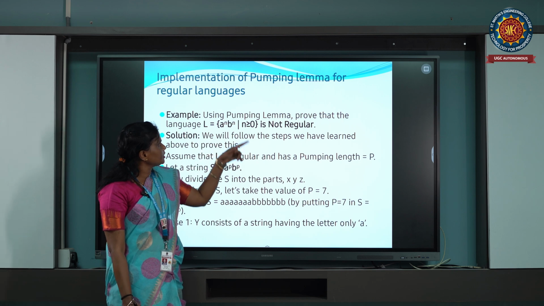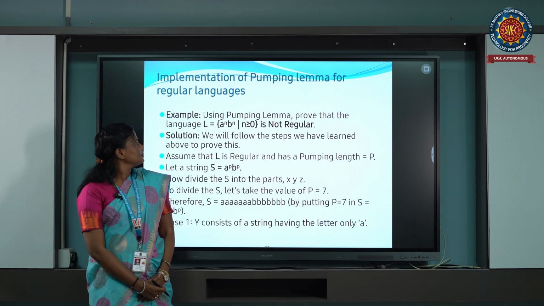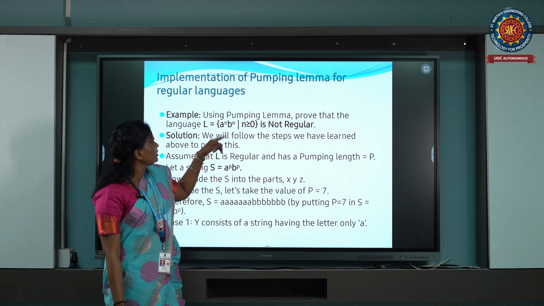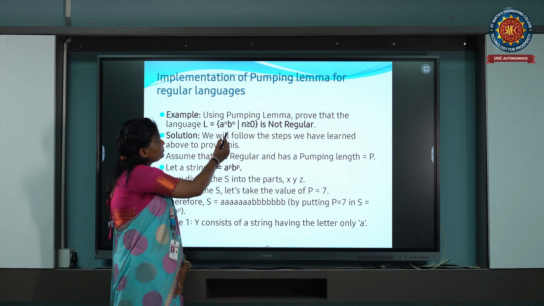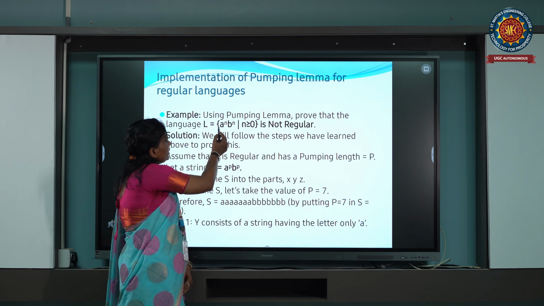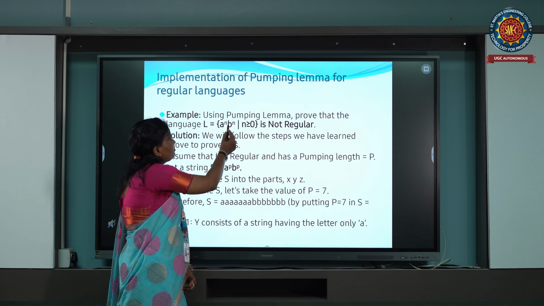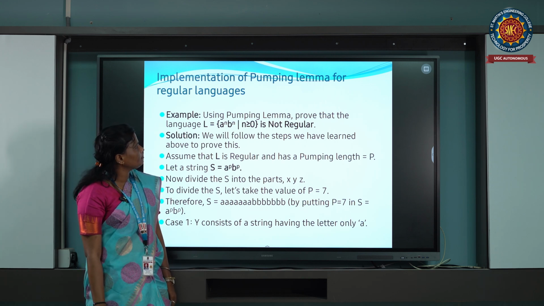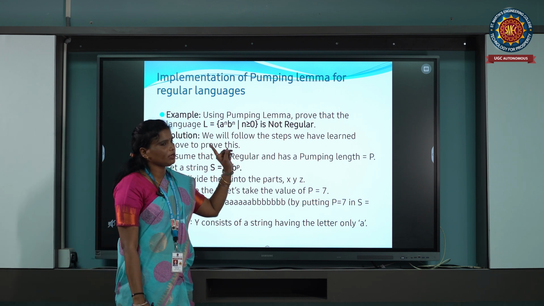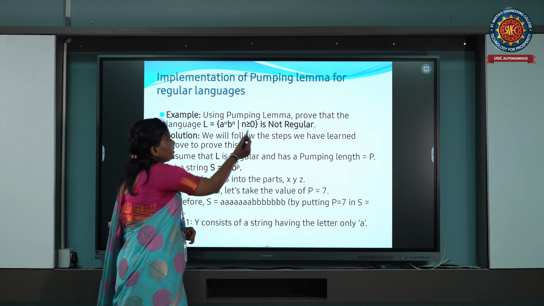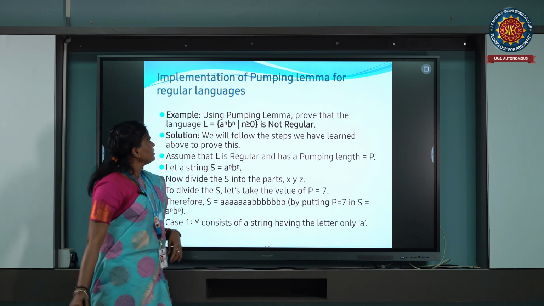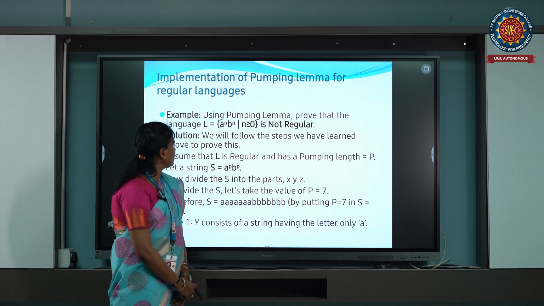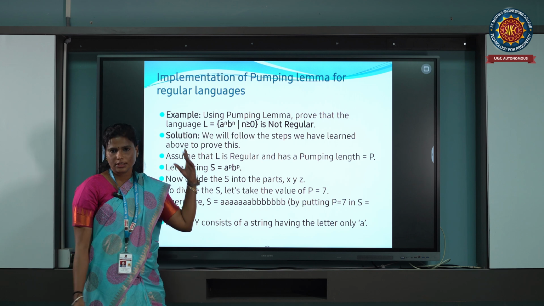For example, using the pumping lemma, we prove that the language L equal to a to the power n and b to the power n, that means an equal number of a's followed by an equal number of b's, is not a regular language. We follow the steps we discussed before.